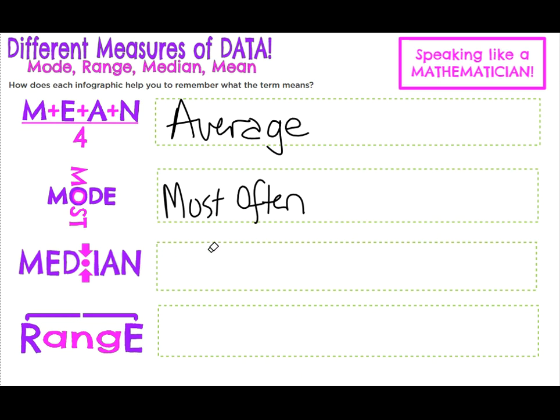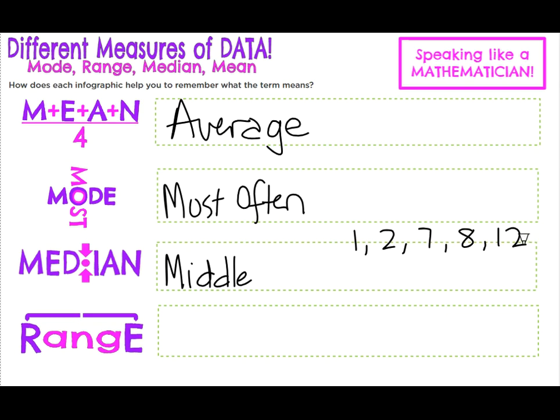Next we have median, and this infographic shows these arrows pointing to the middle of that word, and that's exactly what median is. It's the middle of our data. With median, we have to have our data in number order, least to greatest.